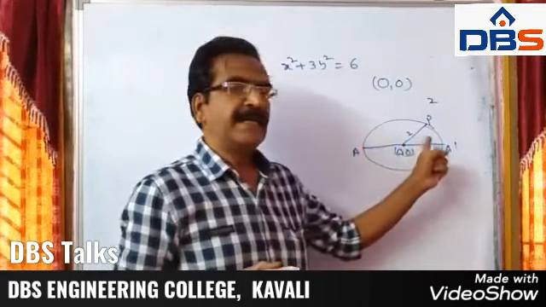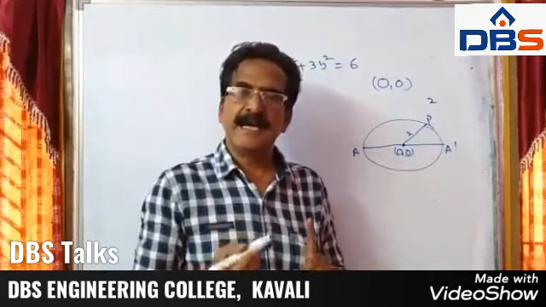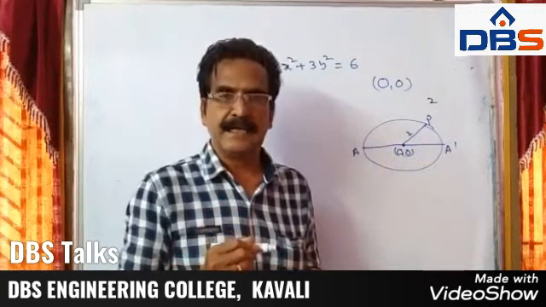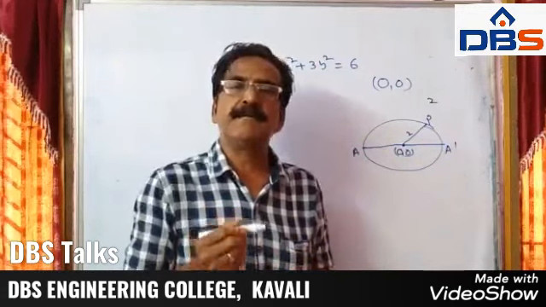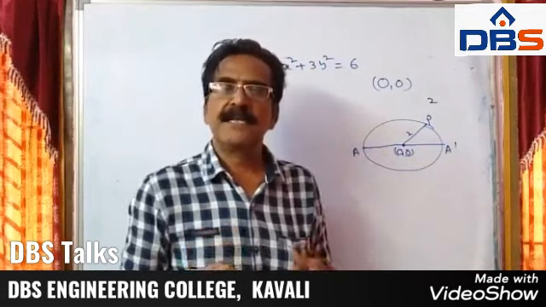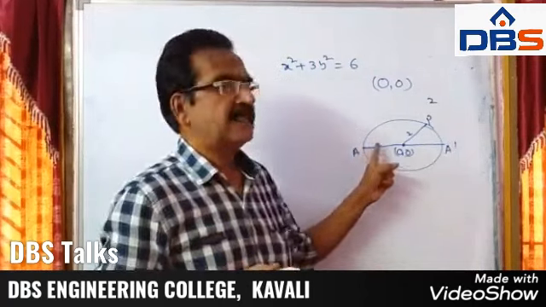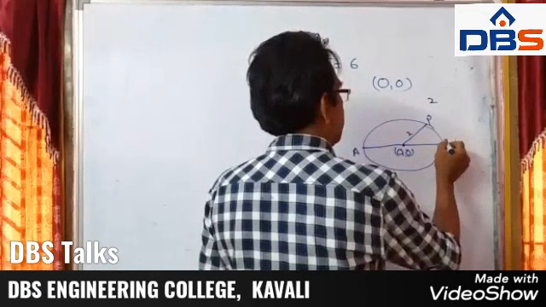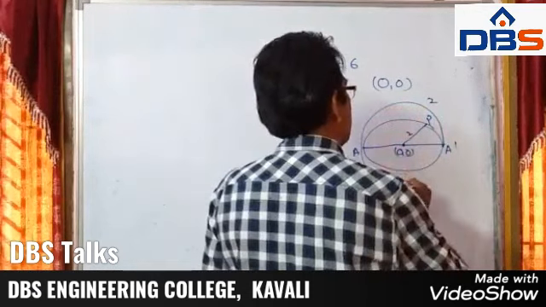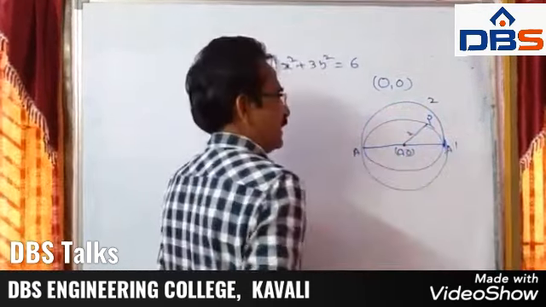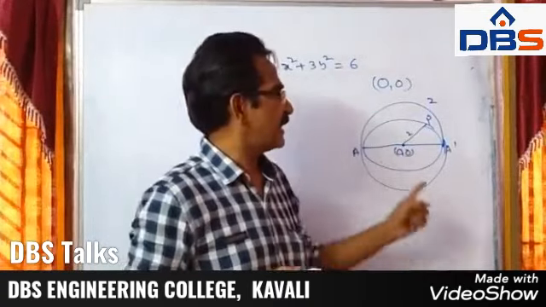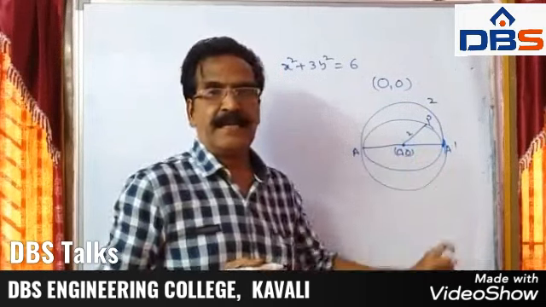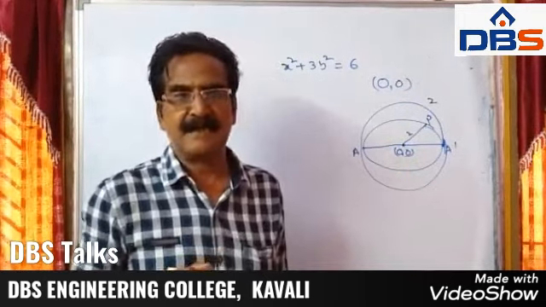Taking the major axis as diameter, if you describe a circle with A dash as the diameter, this is the circle described on A dash as diameter.